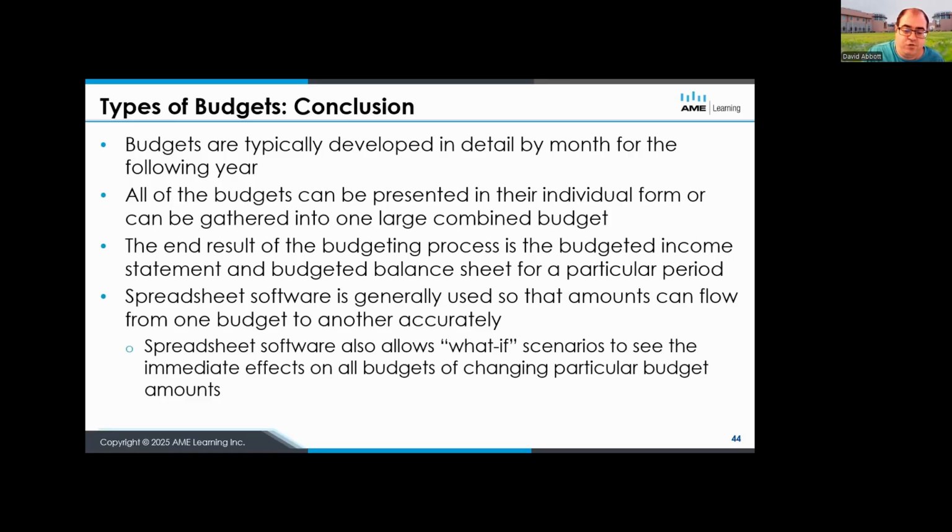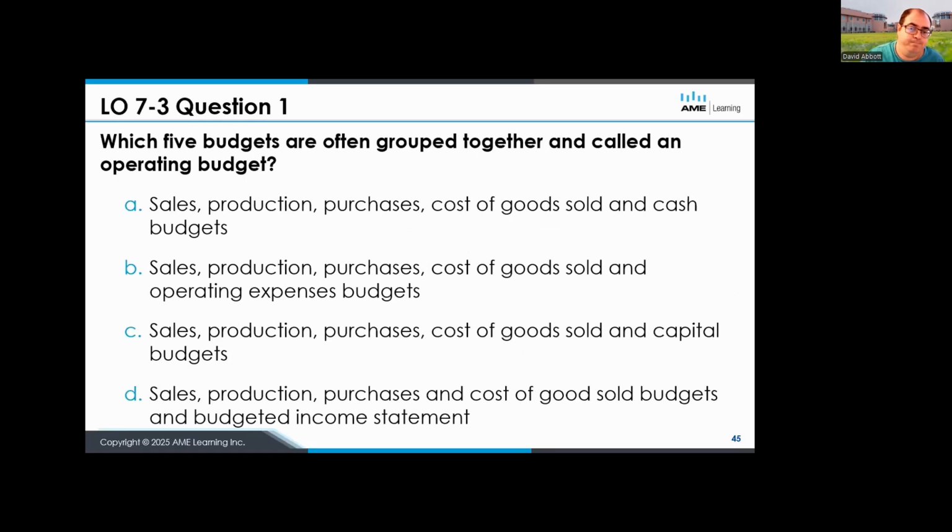The one neat thing with using a spreadsheet is that we're also able to run what-if analysis scenarios in order to see the immediate effect on the budget if we change particular budget amounts. So if we change our revenue or if an expense changes, we can run a what-if calculation to see what the effect would be.